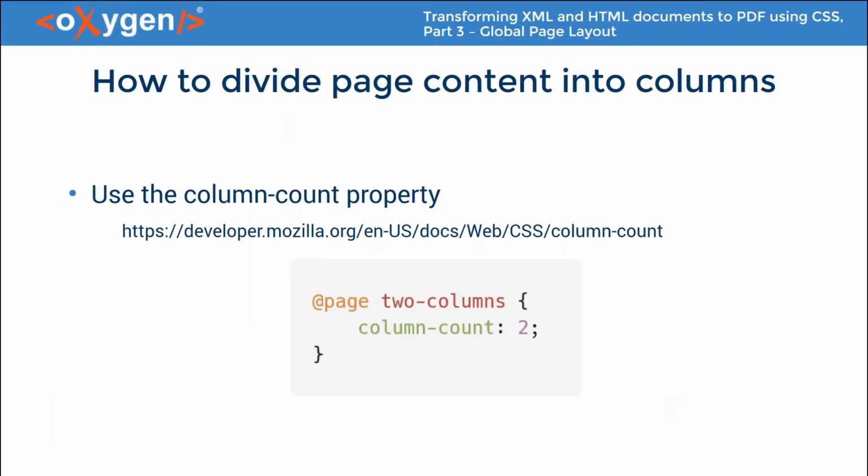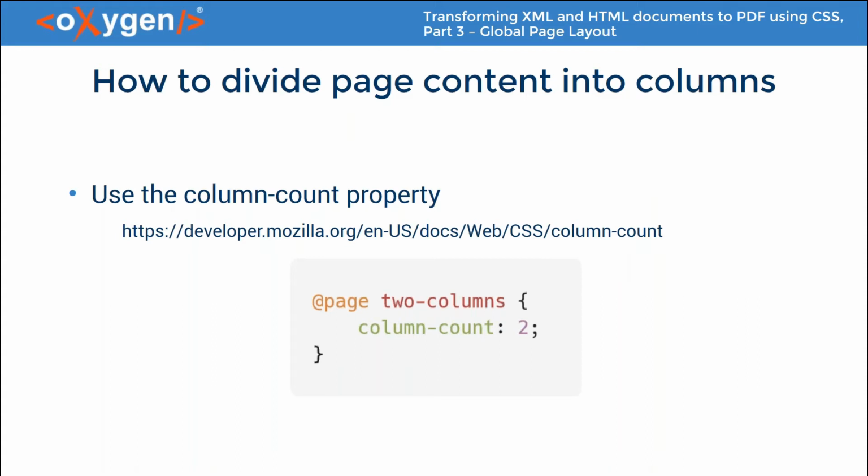Another problem I can find: sometimes I want my whole content to be divided into multiple columns. I don't want a single column with all my content. So for that, as for the other pages, I define a new type of page, which I called in my example 2 columns, but you can name it, as I explained, with the simplest name you can use, or whatever you prefer.